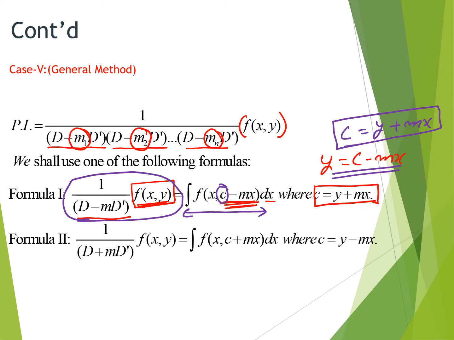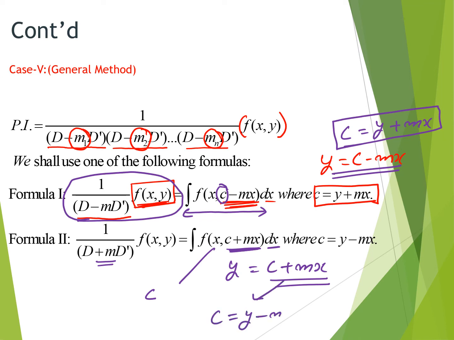Similarly, if the sign of m is plus, then y is equal to c plus mx. That means we replace y in the function f as c plus mx, integrate with respect to x, and then the terms after integrating contain c. To find the value of c, from this equation we evaluate c is equal to y minus mx.